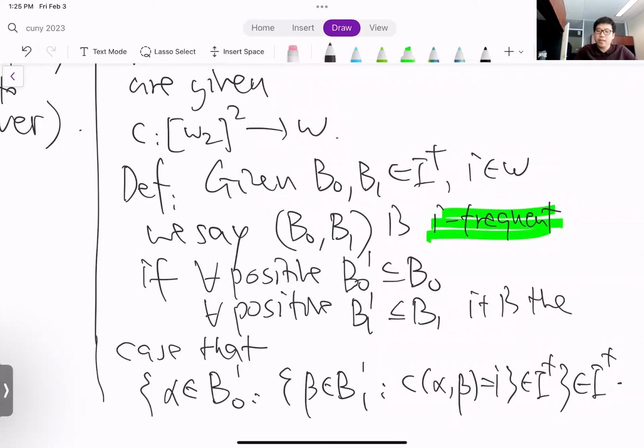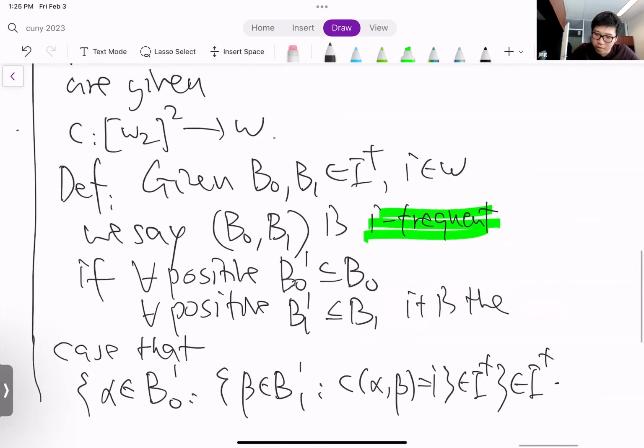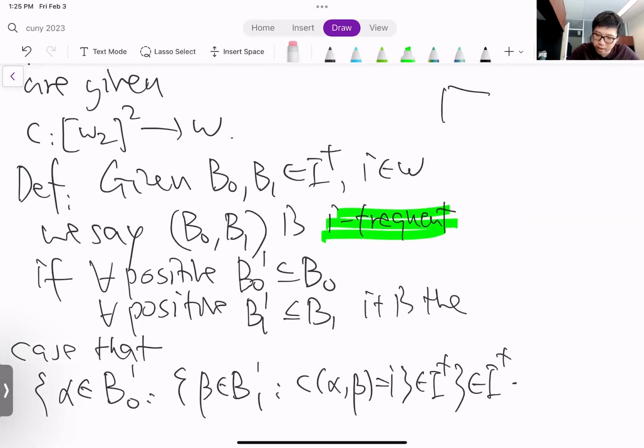Okay, so what's the intuition? The intuition is that when you say B0, B1 is I frequent, it must mean that there are many, many I edges going from B0 to B1. So let me draw a picture here. You want to express that you have B0, you have B1, and you have many edges of color I that go in between B0 and B1.